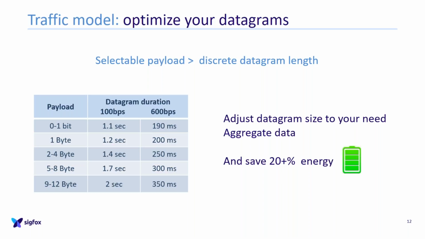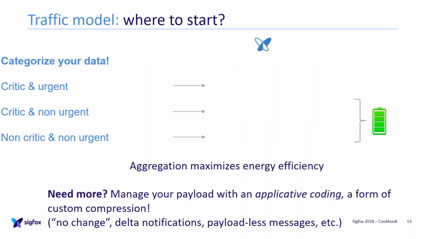It's still worth thinking how can I adjust exactly the payload size that I have to the datagram size that the Sigfox protocol provides. Then you have solutions. You can aggregate data, for example, take several bits of data of different types and generate an 8-byte data instead of, let's say, several 5-byte chunks. There are a lot of solutions there.